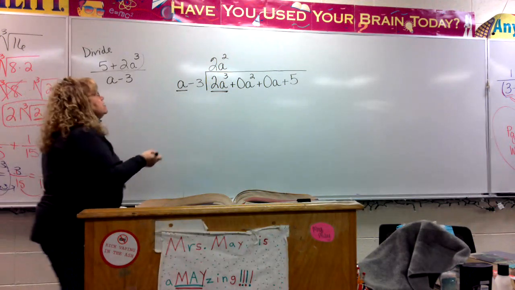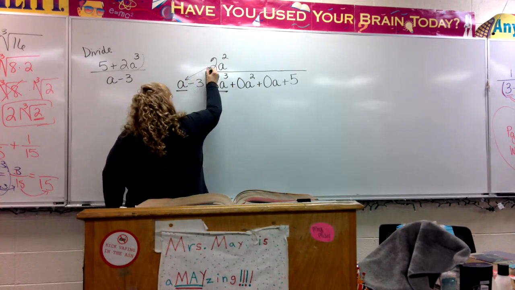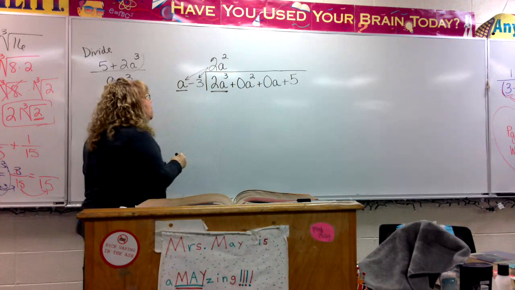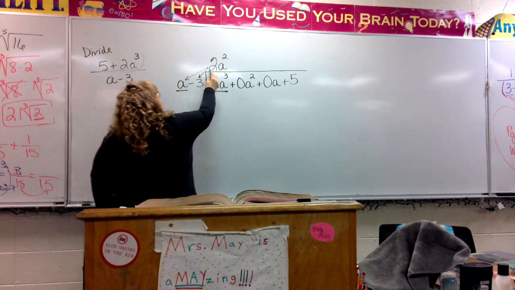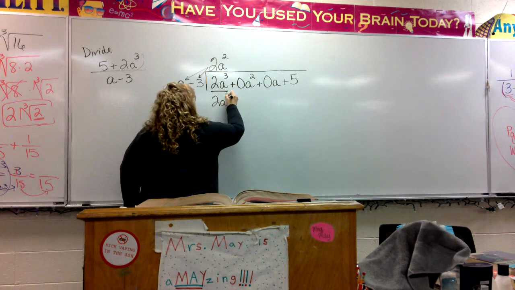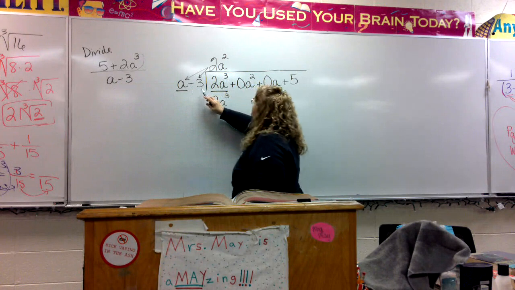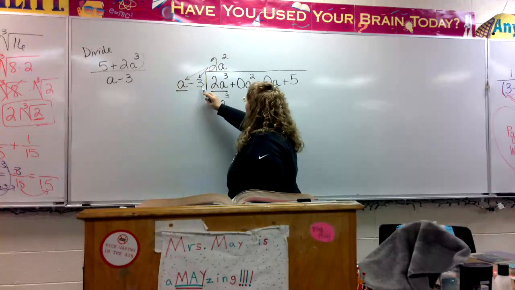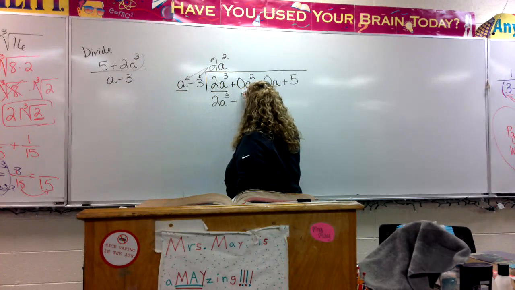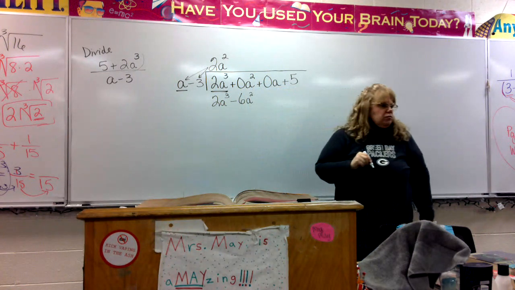Multiply. Just like regular old long division, when you get the value, you multiply. But don't forget, you have to multiply times both of those. So 2a squared times a, 2a to the third. What's 2a squared times negative 3? 2 times negative 3, would that be negative 6a squared? Right?